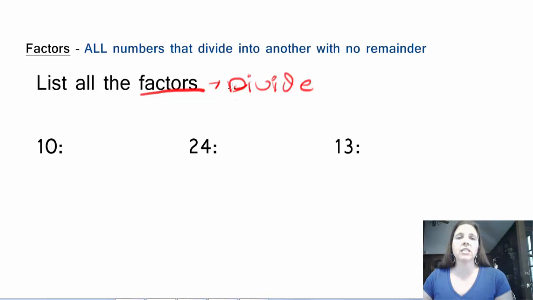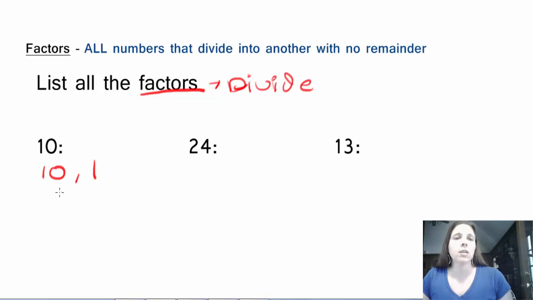So what numbers go evenly into 10? You have to start with the actual number. So 10 is a factor of itself. When you divide 10 by 10, you get 1. So 10 and 1.